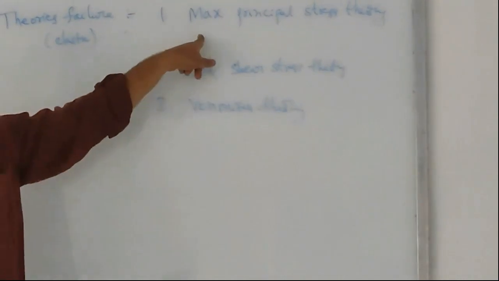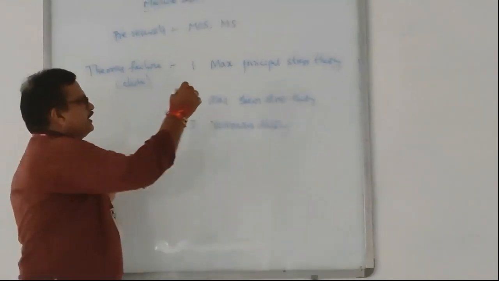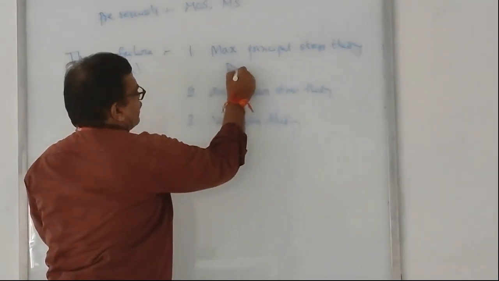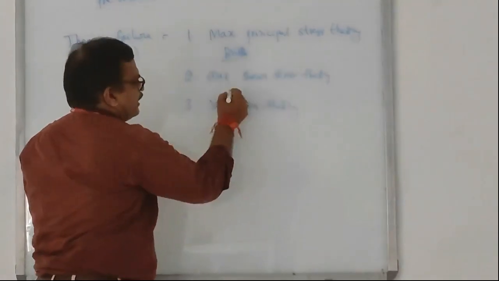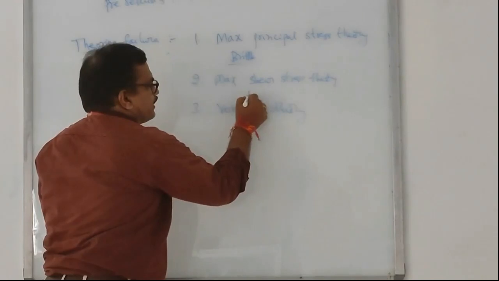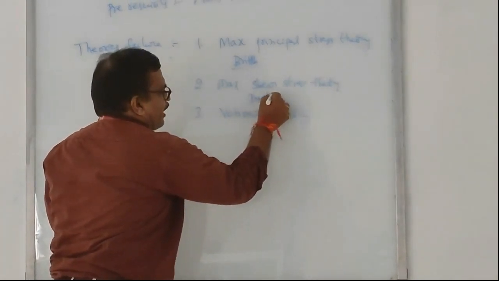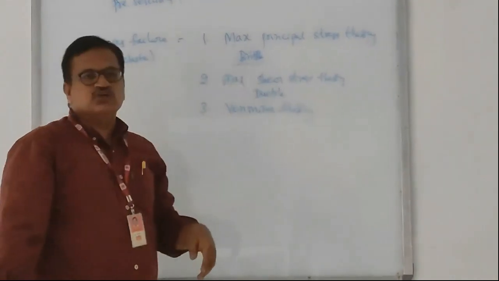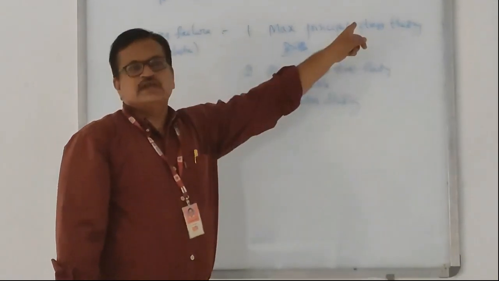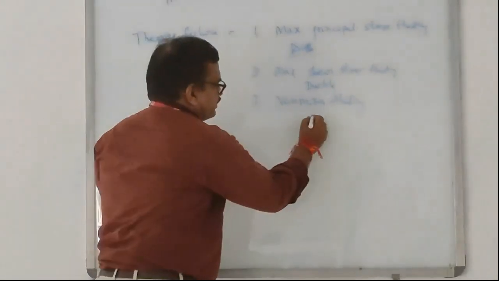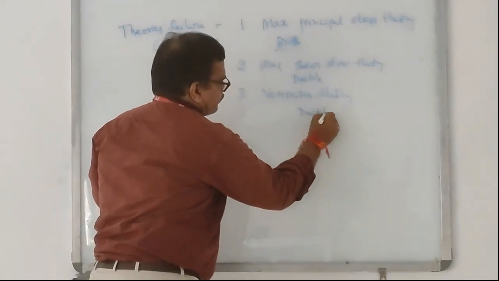The first one is suitable for brittle material, and the second one is suitable for ductile material, and the third one is suitable for mostly ductile material, but it can also be taken for brittle material. So this is also for ductile.